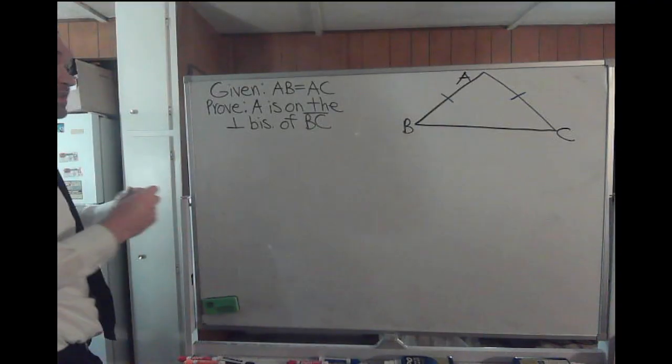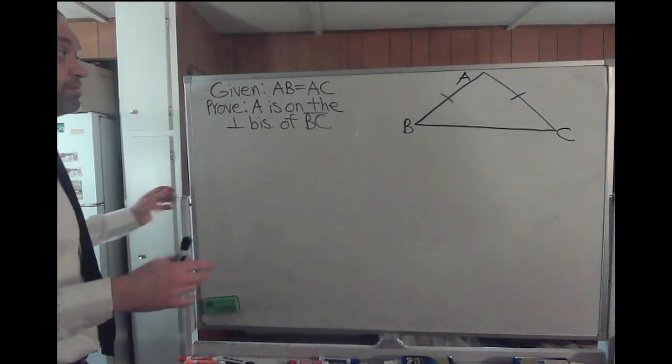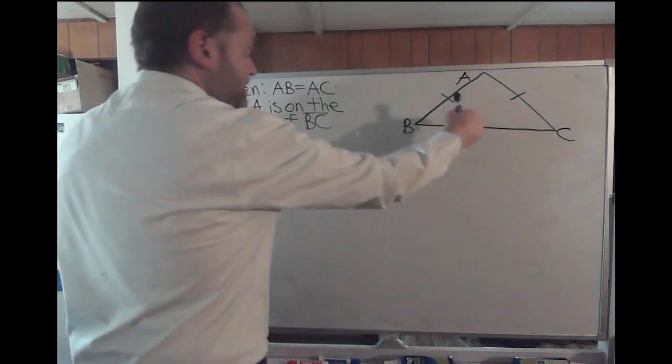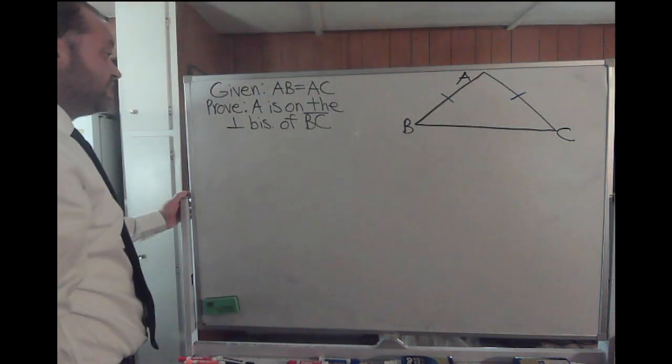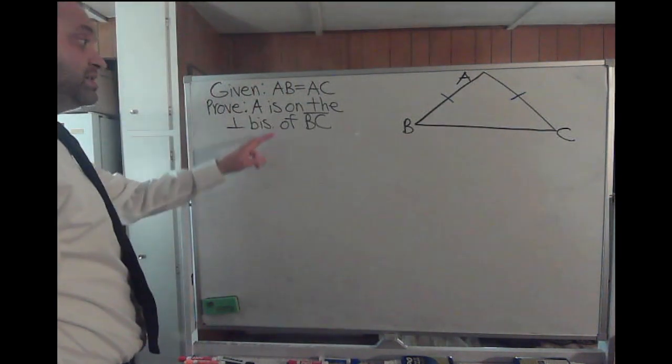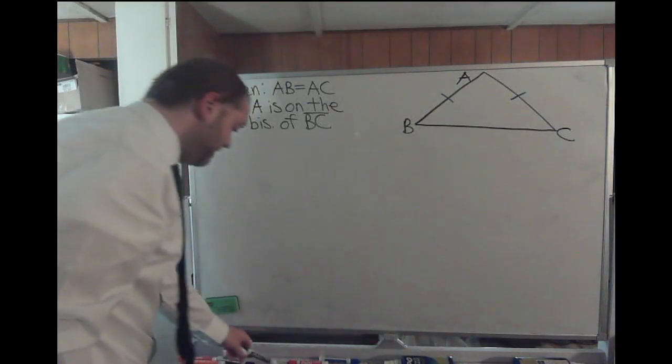So now we're proving the converse. This time we have that AB equals AC. A is equidistant from B and C, in other words. So we have to prove that A is on the perpendicular bisector of BC.